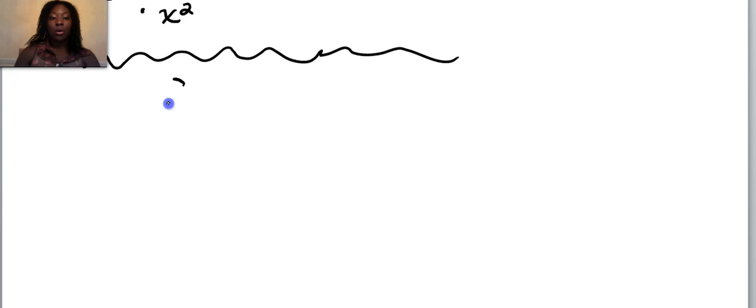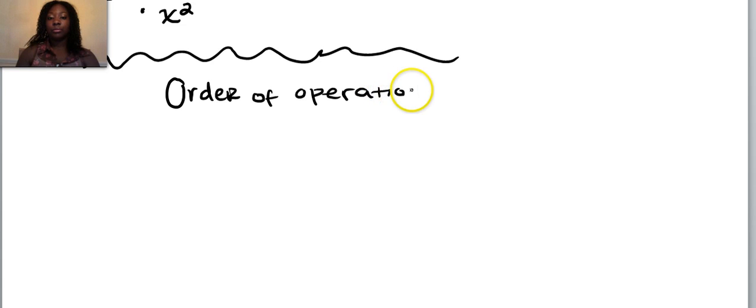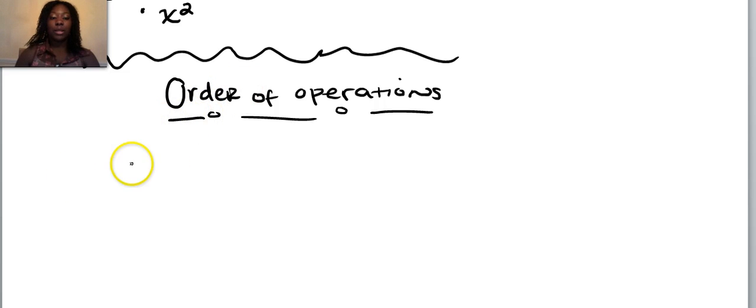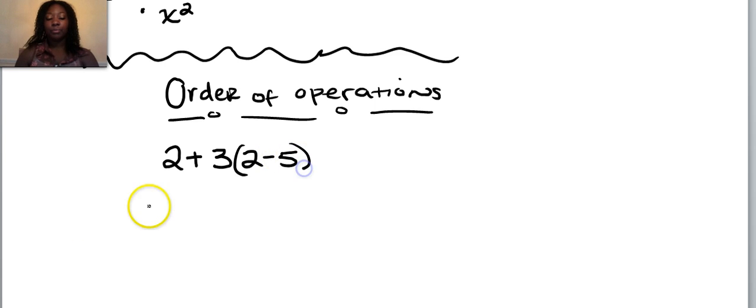Order of operations. An order of operations is a rule of how we do things in math. Let's look at an example. Let's say you had 2 plus 3 times 2 minus 5.